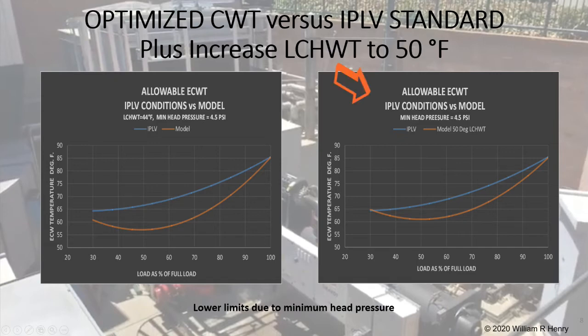In the second chart, the leaving chilled water temperature is 50 degrees Fahrenheit for the chiller. Thus, the AHRI profile works in both situations. Just in case you are wondering, the upward lift of the red curve at the beginning or left side is due to the manufacturer's minimum refrigerant head pressure requirement, plus a safety factor.